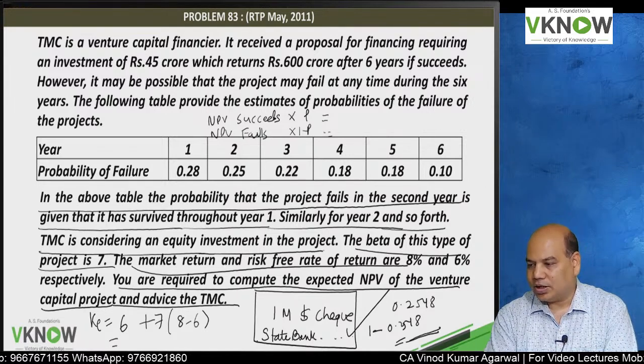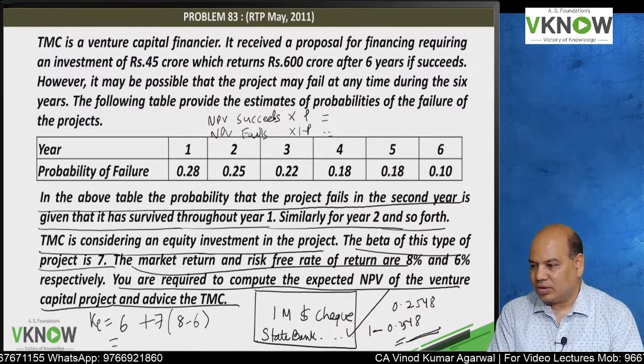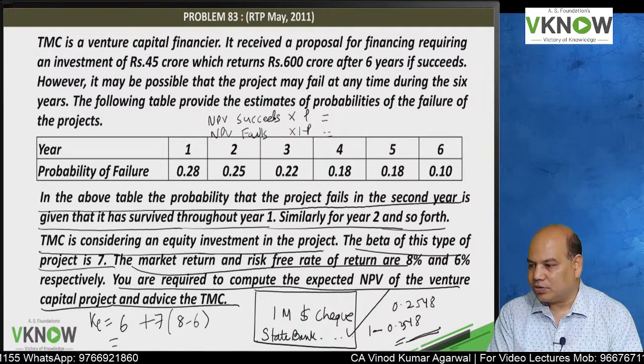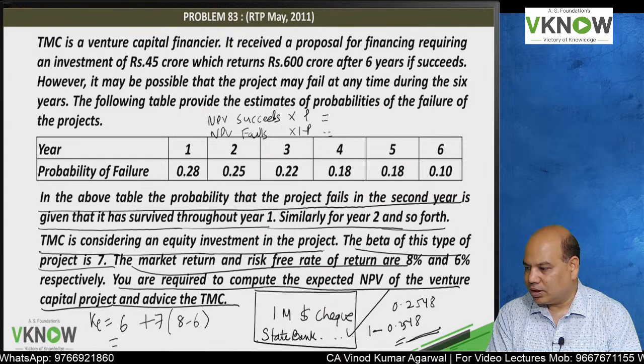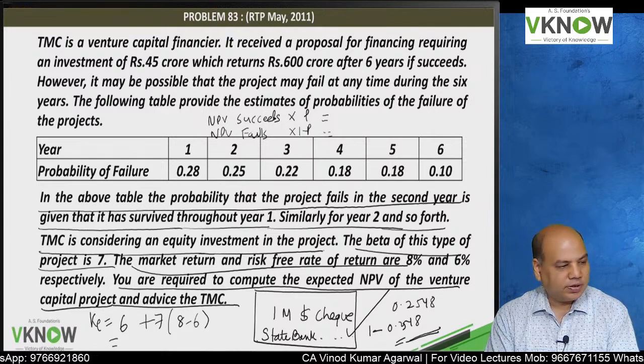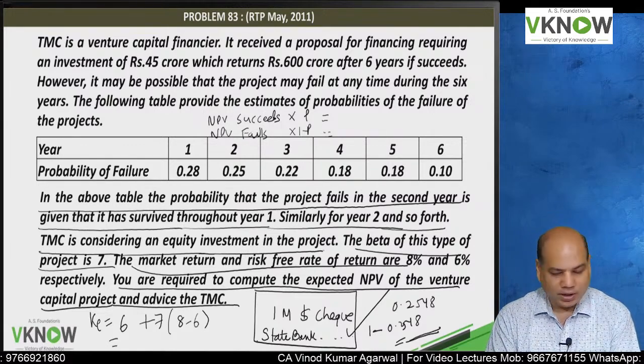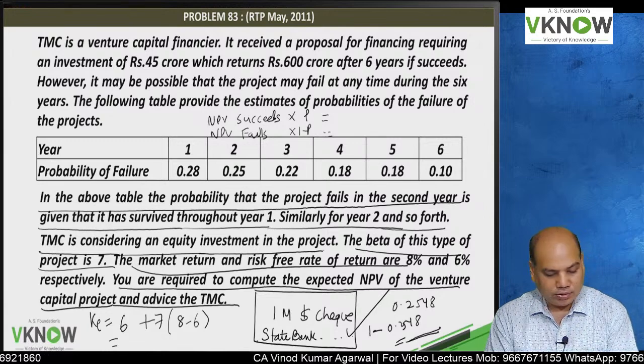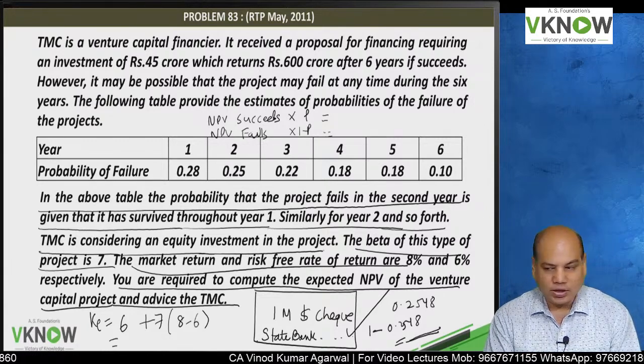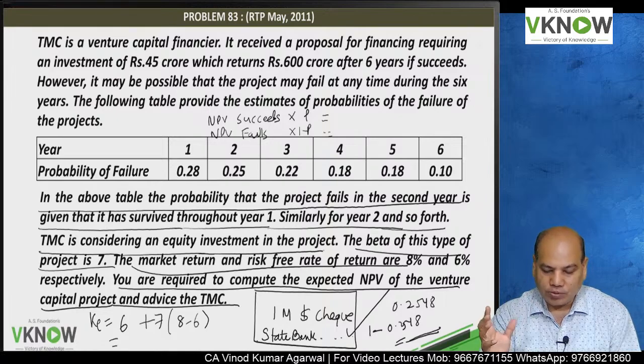That is my expected NPV. And if the expected NPV is positive, I will accept the proposal. That is the answer. Very easy question if you know how to do it.